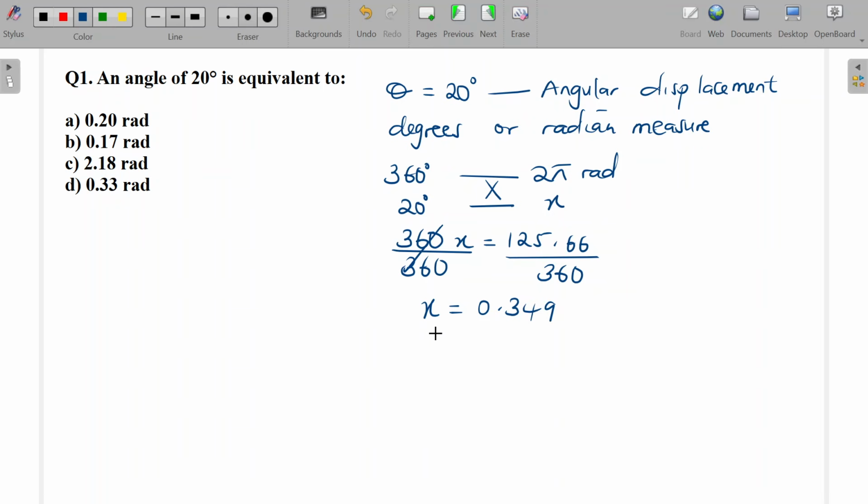Which is just the same as x is equal to 0.35. Okay, this is in what? In rads. So you're going to check here which one is close to this one, which is D. So you're going to find out that the answer for this case is D.